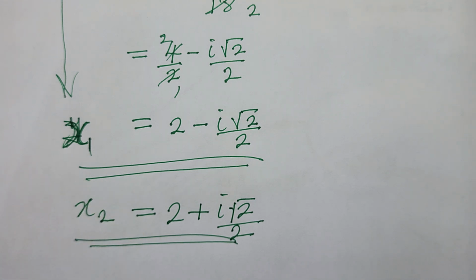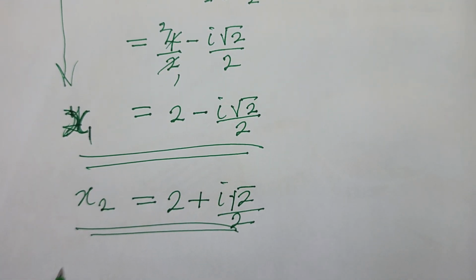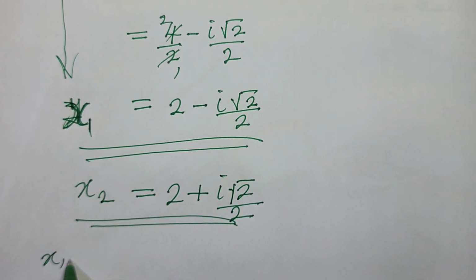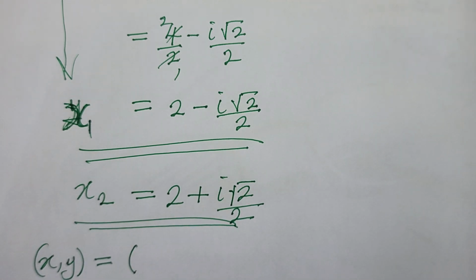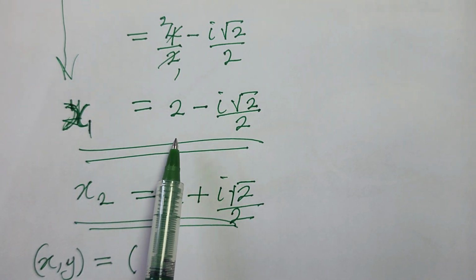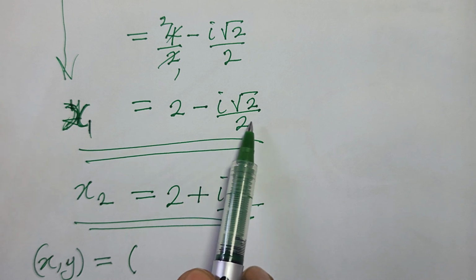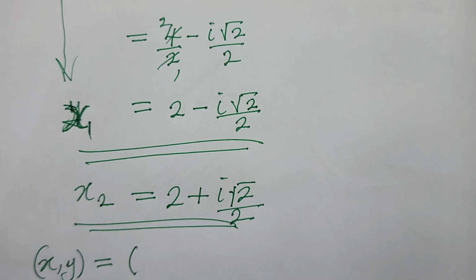So in all, what are the pairs of values for x, y that will satisfy this equation? We're going to have, when our x is 2 minus i root 2 all over 2, then look at our y1. We have the positive of it.